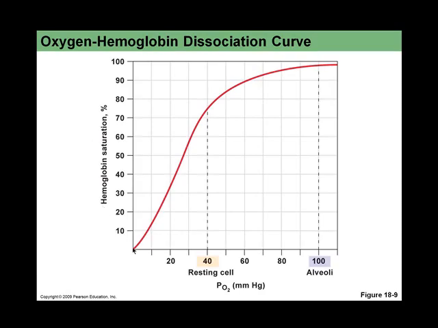So when we're at 0, 0, there's 0 PO2 in millimeters of mercury, then you're not going to have any oxygen saturation. As you increase PO2, obviously you're going to get a portion of the curve that is quite linear, then it's going to taper and reach a plateau. So once you reach 100% saturation, or near 100% saturation, that is complete saturation of all the hemoglobin that is there.